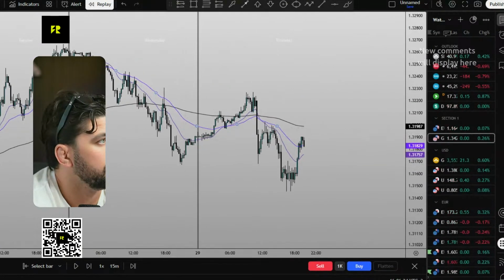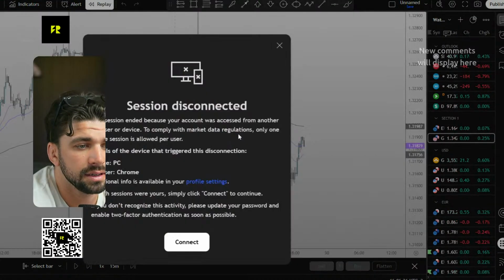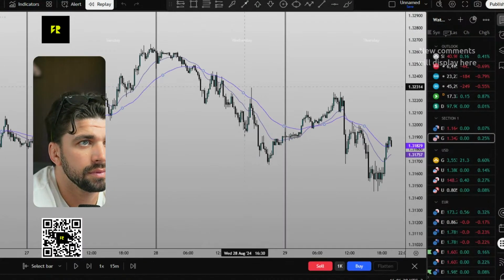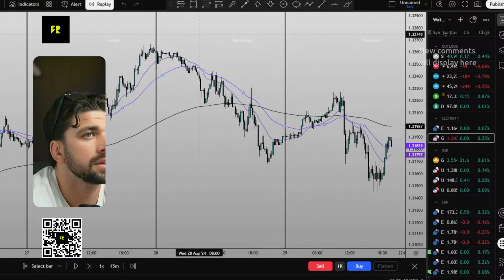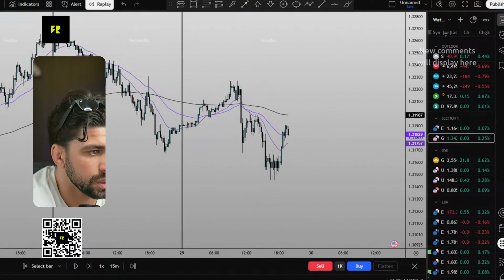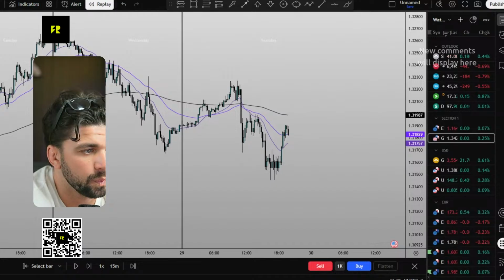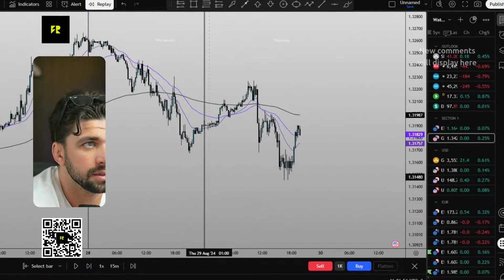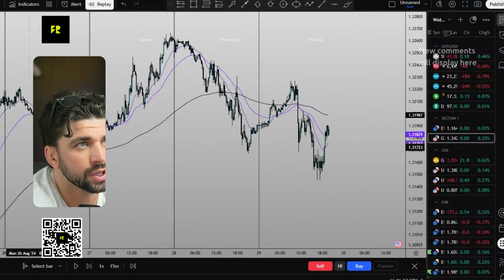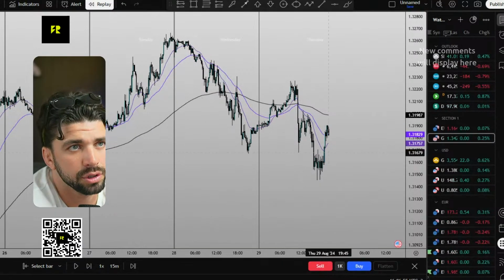JOLTS is coming out later. Whoever's coming in here at the moment, we're doing a bit of a back testing session. We've had a break up and a push down.